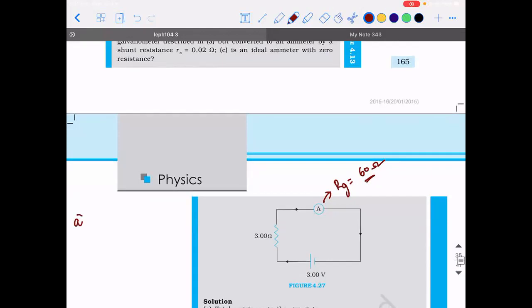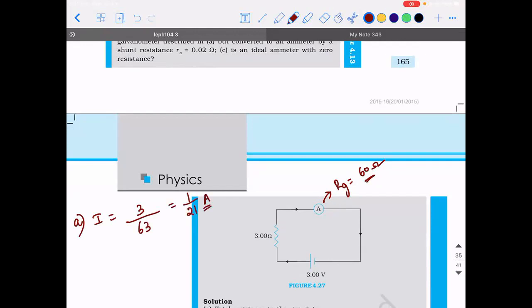Case A. I is equal to, how much is the potential source across which it is connected? 3, sir. 3 divided by, what is the total resistance of the circuit? 63. That's it. 3 divided by 63 is going to give you 1 by 21 ampere.